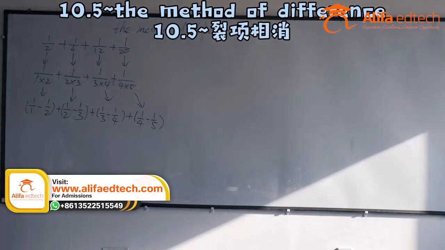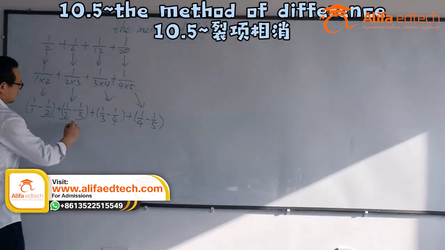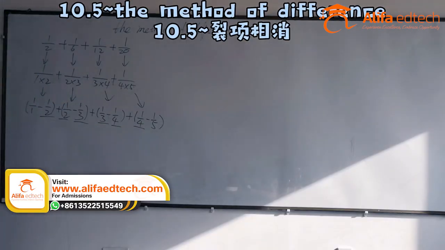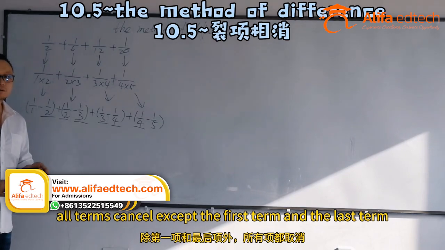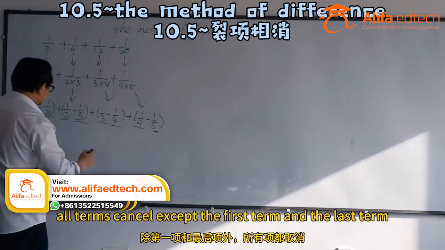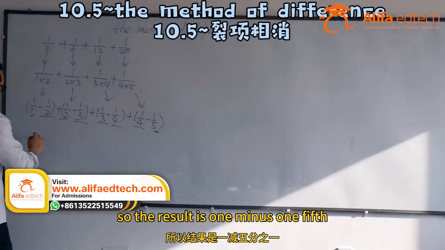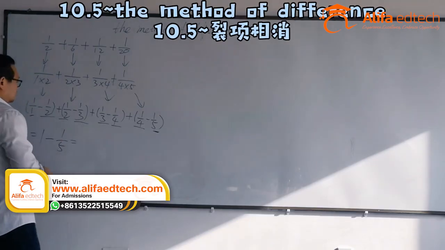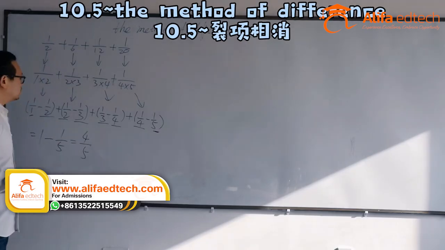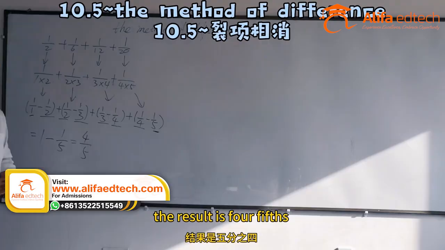And then all terms cancel except the first term and the last term. So the result is 1 minus 1/5. So the result is 4/5.